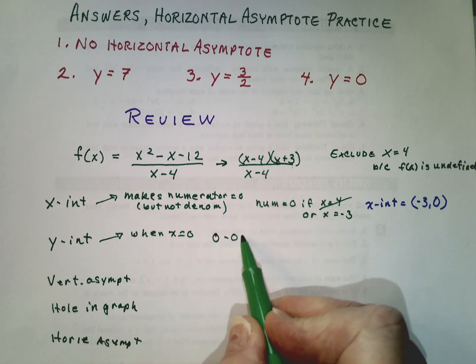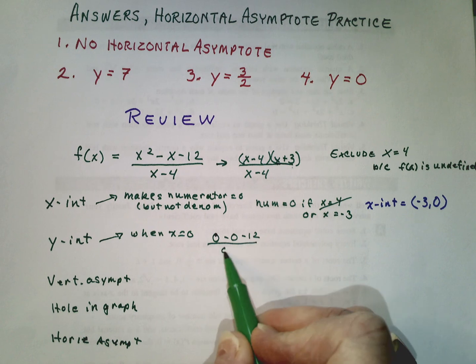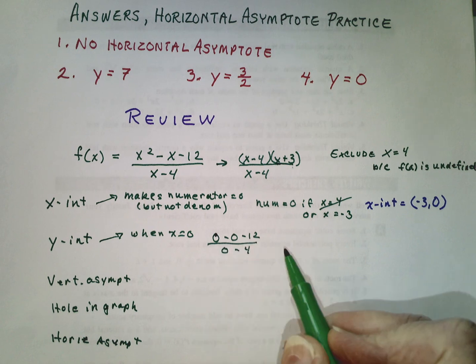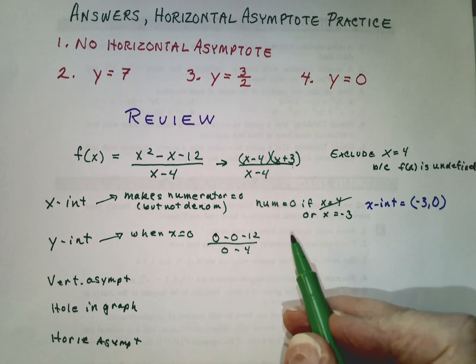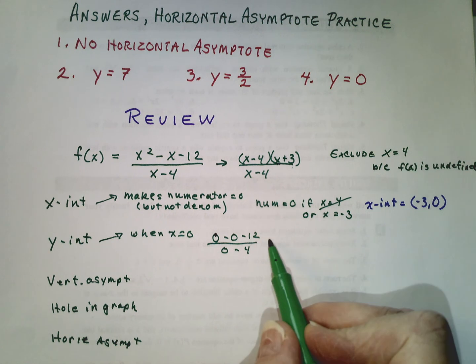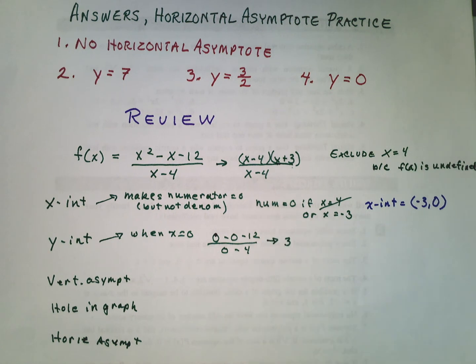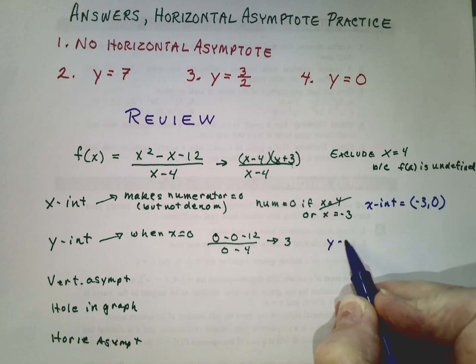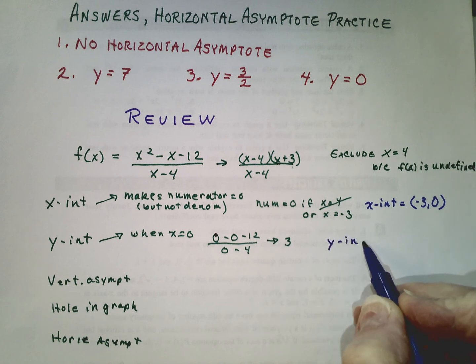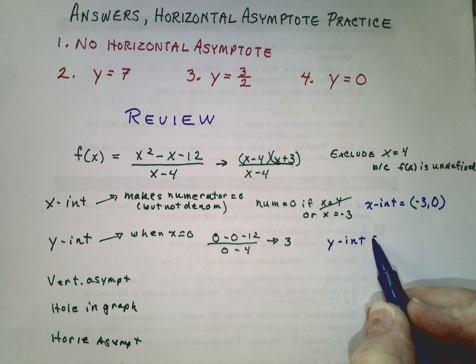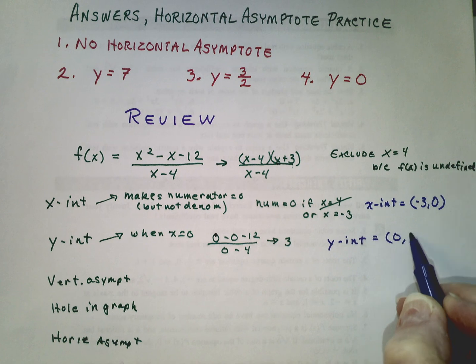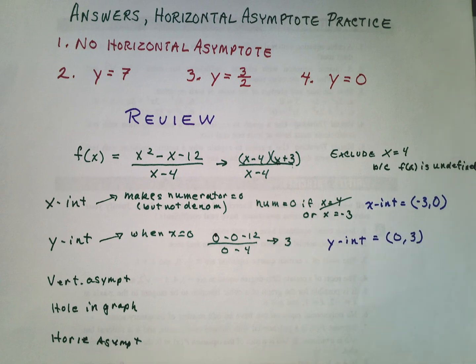We get 0 minus 0 minus 12 over 0 minus 4, which turns out to be 3. So our y-intercept is 0, 3. Oh, great, we got 2 points. We know about this graph.